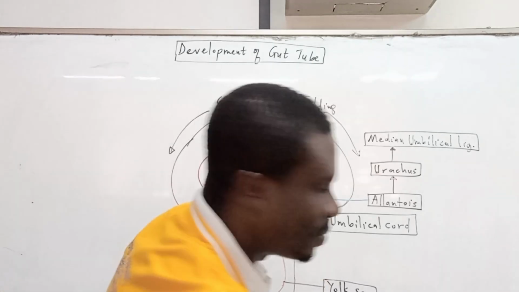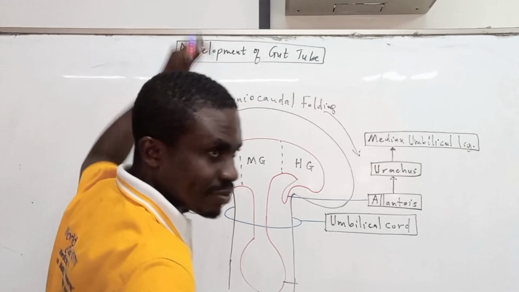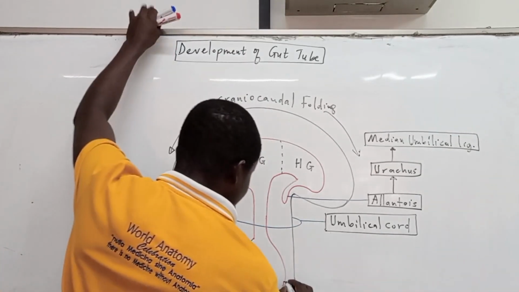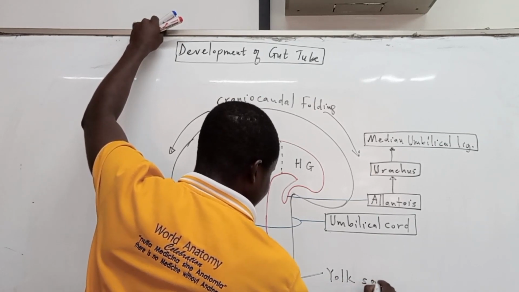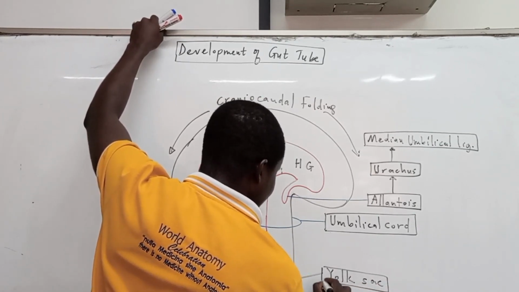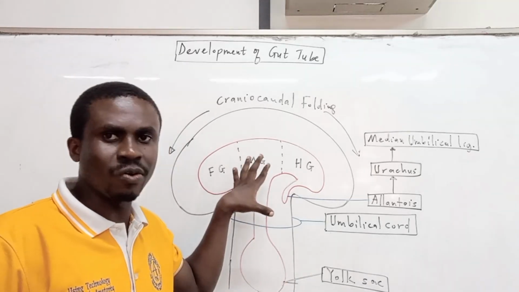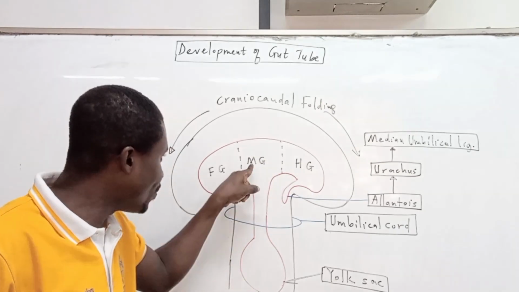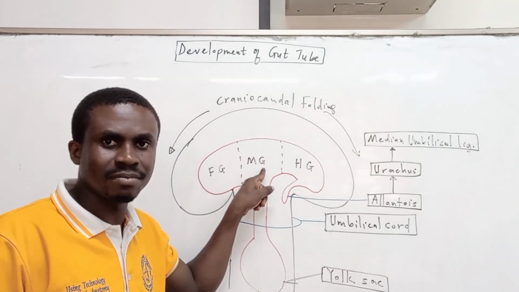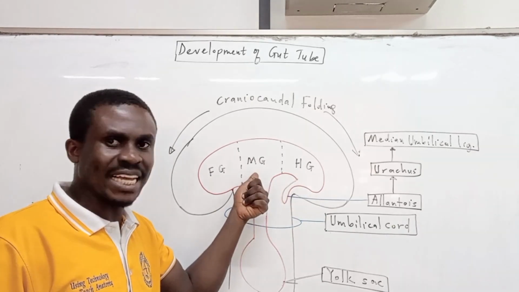Now let me make it clear for you to see it. This is the yolk sac, still having a connection with the primitive gut tube over here, via, mainly, we are talking about the midgut. Not the foregut, not the hindgut, but this time the midgut.